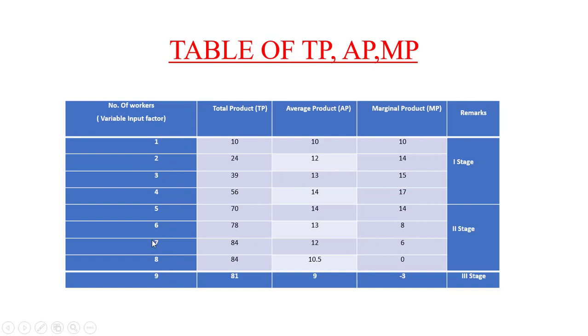Here input we are taking number of workers, that is the laborers. How many laborers are we taking? If we take one labor, what are the changes here? If we take two labor, what are the changes in these three items, that is TP, AP and MP? And when we take three laborers, what are the outputs? All this detail is given. Now here you will see and try to understand. The number of workers given here is 1.